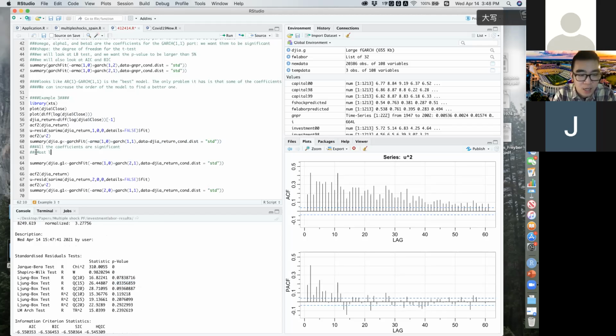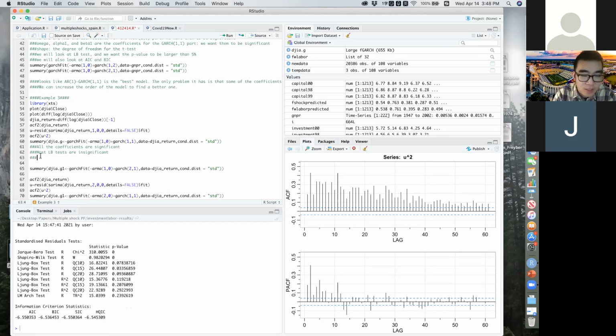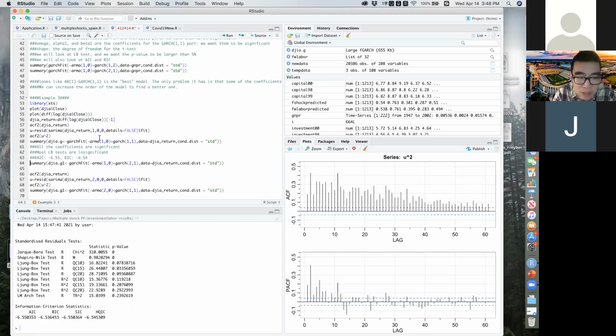So most LB tests are insignificant. Finally, I want to write down the AIC and the BIC. The AIC is negative 6.55, and the BIC is negative 6.54. So that's model number 1, which doesn't look like a bad model. Everything looks good except one of the LB tests is a little bit off.